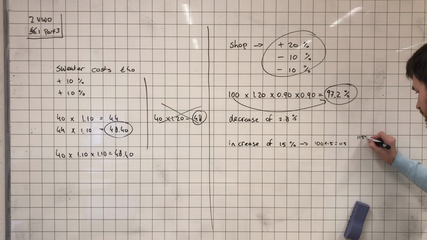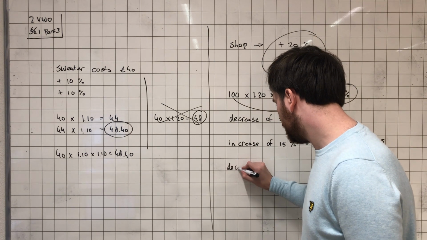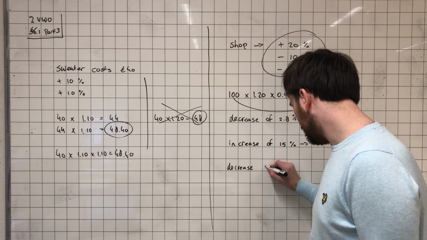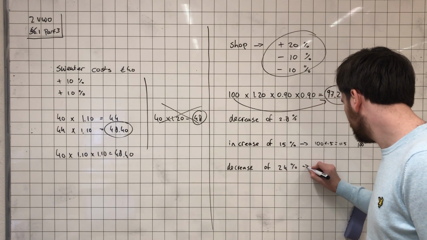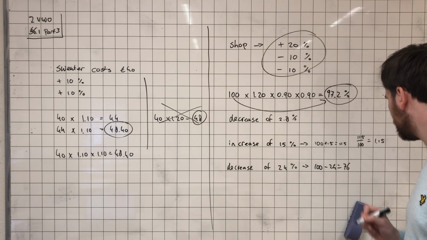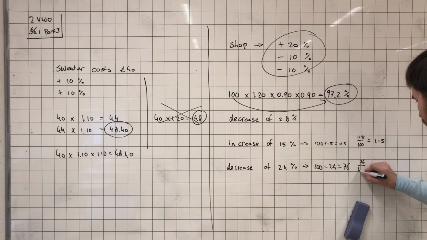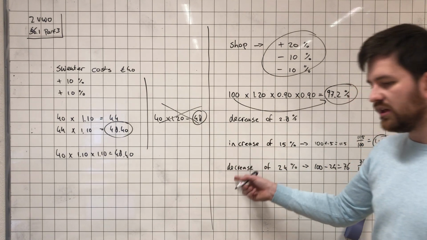Then 115 over 100 is 1.15. If we have a decrease of 24%, then it's 100 minus 24, which is 76. Then 76 over 100 is 0.76. So these are the multiplication factors for these two changes.